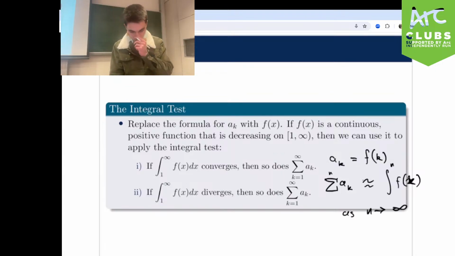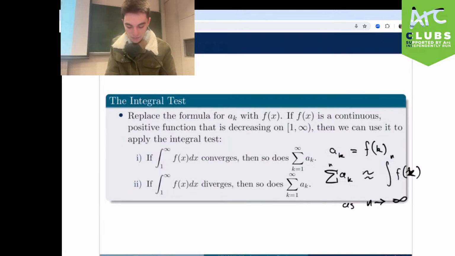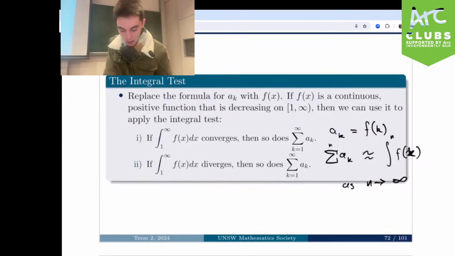Okay? So basically what that means is if the integral converges, then so does the series. And if the integral diverges, then so does the series. Okay?